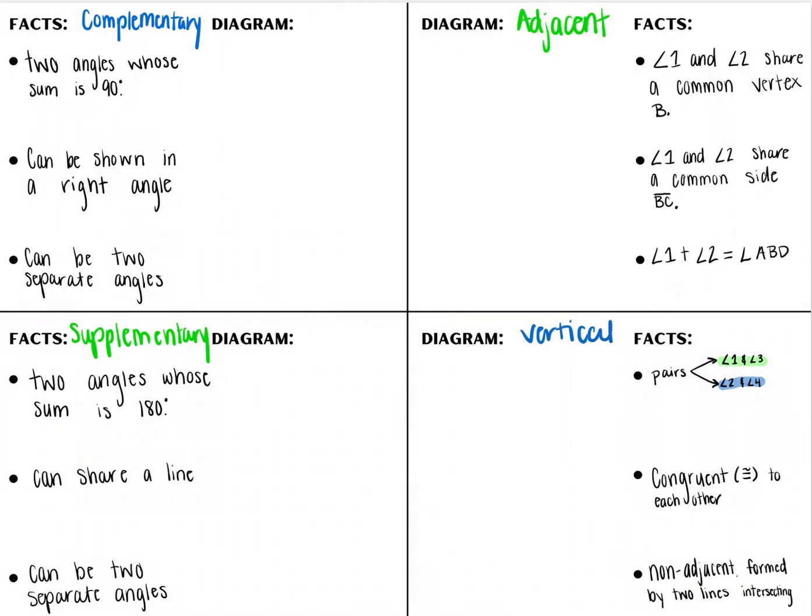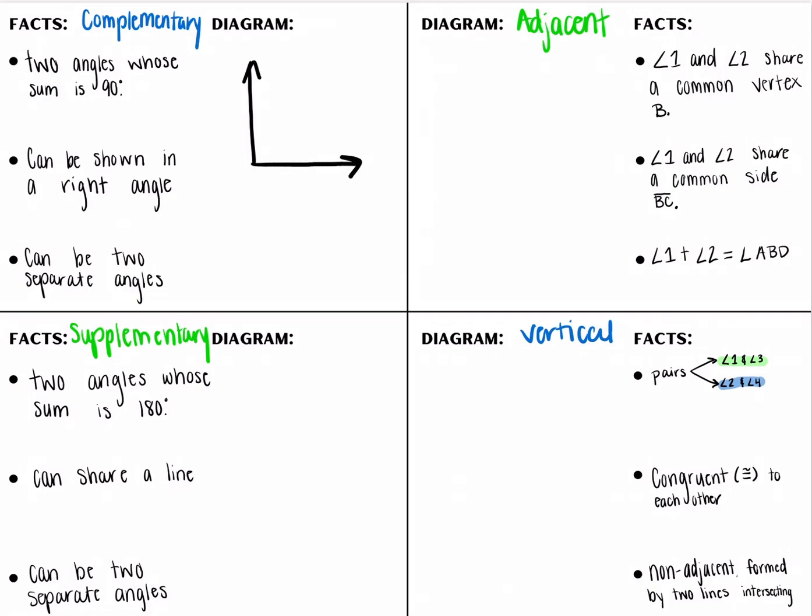Okay. The first one we're going to start with is complementary angles. Complementary angles have a few different facts. It's just 2 angles whose sum is 90 degrees. First things first, they can be shown in a right angle. You know a right angle is 90 degrees, right?